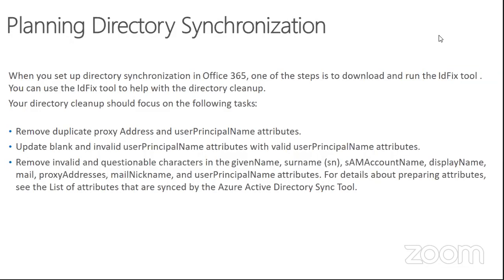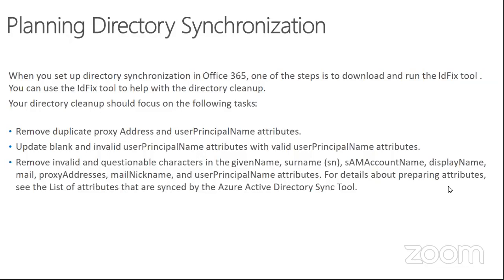Directory preparation covers a few key areas, to help ensure a seamless transition to Office 365 using a directory synchronization tool. Remember, in the previous slide also there was a directory synchronization tool, which is the synchronization engine. The latest version of that tool is Azure AD Connect, right? So the entire directory synchronization process is happening through Azure AD Connect, through that synchronization engine.